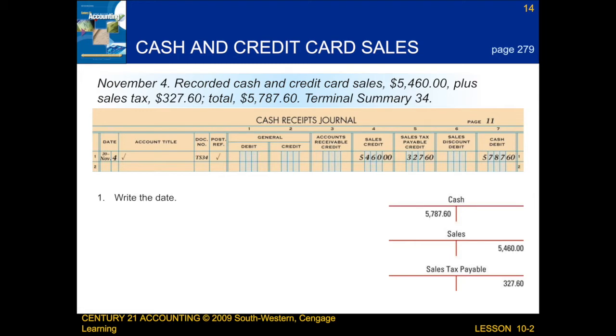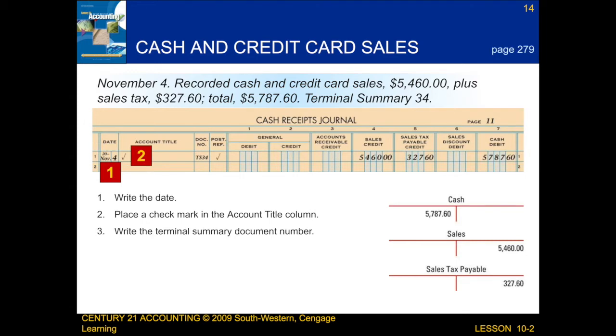First, we write the date, which is November 4th, in the date column. Next, we place a check mark in the account title column. After that, we write the terminal summary document number, which is TS34, in the document number column. Next, we place a check mark in the post reference column. After that, we write the sales amount, which is $5,460 in the sales credit column.